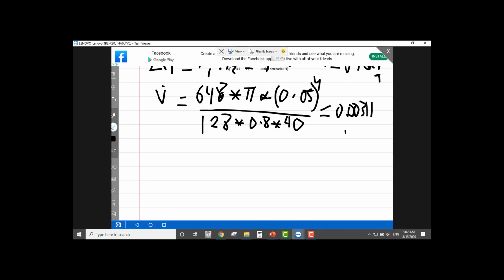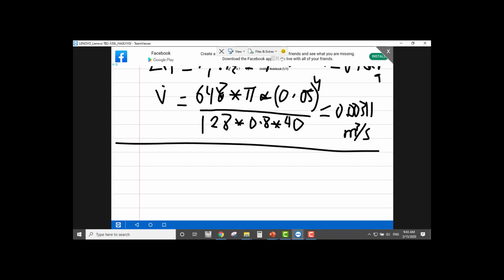This is volumetric flow rate. So this is part A. Now let's see part B.